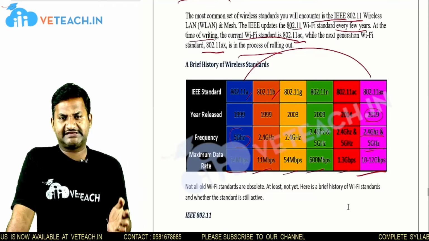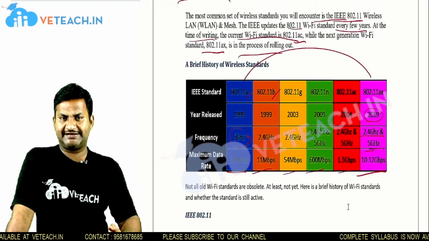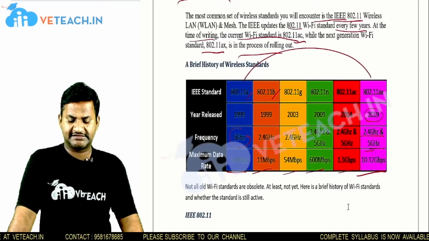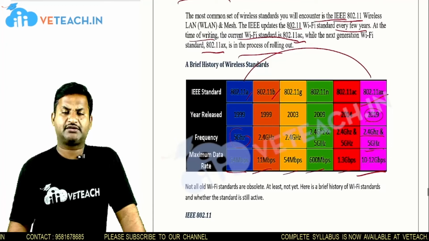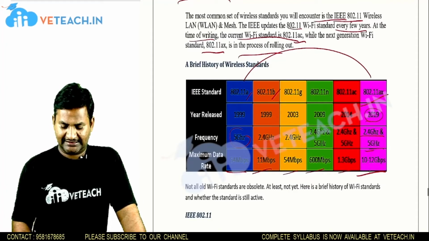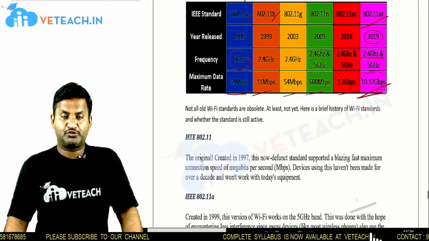From the basic year, 1999, the data rate is 54 Mbps and the frequency spectrum is 5 gigahertz. Now the latest, in 2019, is 802.11ax, with a data rate of 10 to 12 Gbps. So what is 802.11?